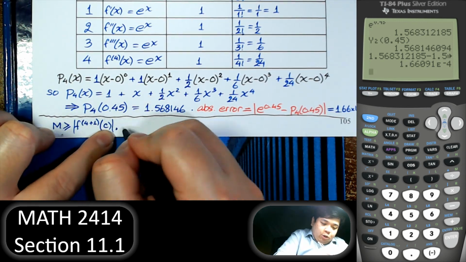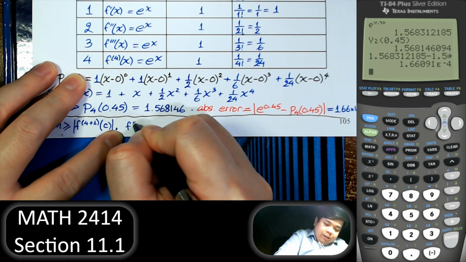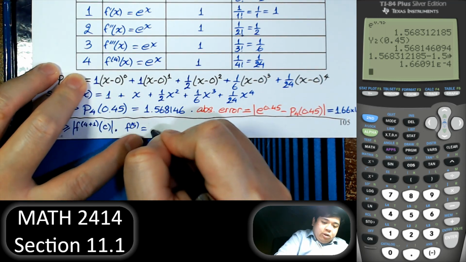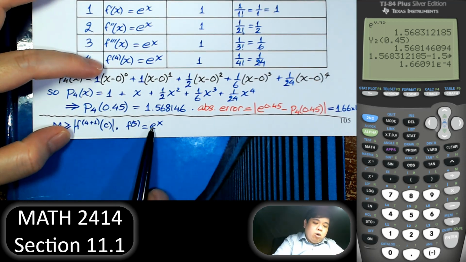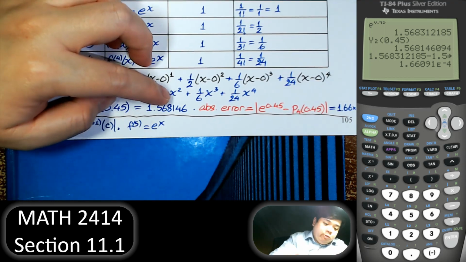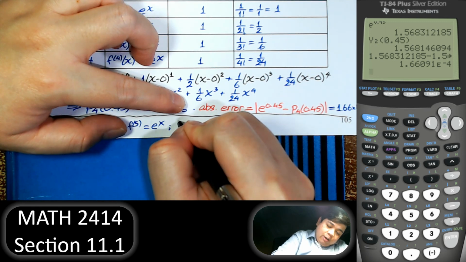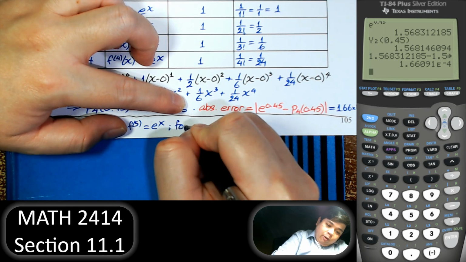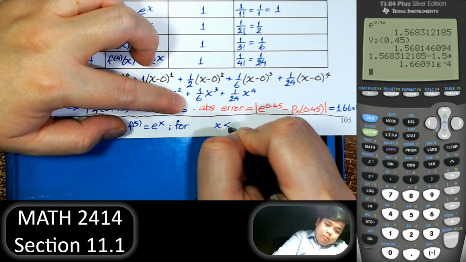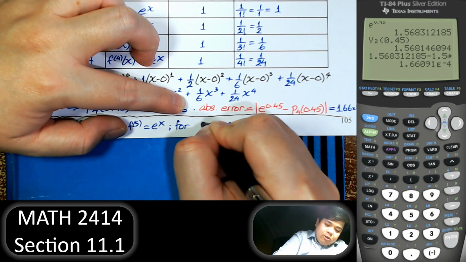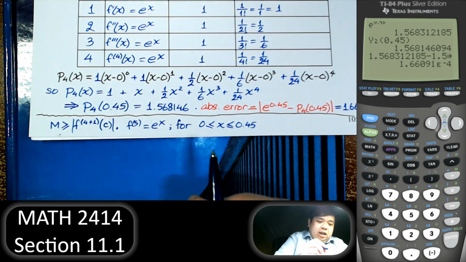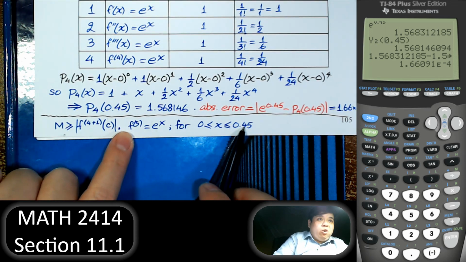The fifth derivative luckily is still e to the x. Now, c is between 0 and 0.45. For x between 0.45 and 0, you get the idea, 0.45.